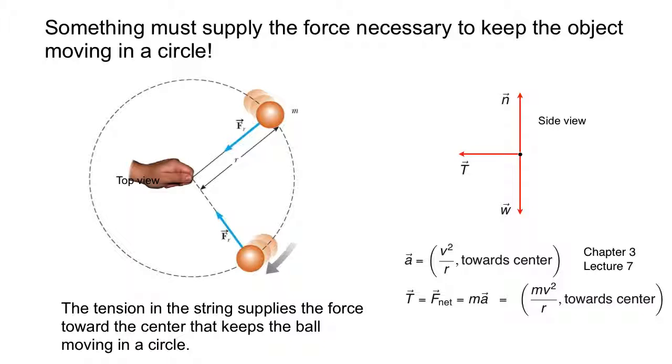In this particular problem, we know that in order to have uniform circular motion, everybody in this room from some previous life knew that the acceleration is towards the center. Everybody remembers this. Acceleration is always towards the center. What does that imply about the force in this problem? In any problem where there's uniform circular motion, which direction is the net force? Always towards the center.